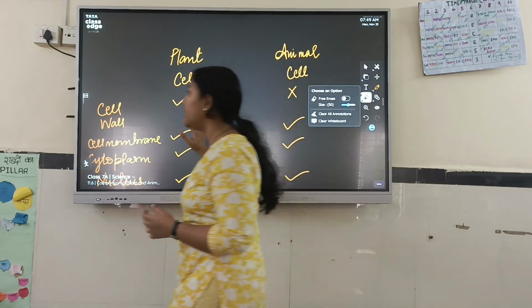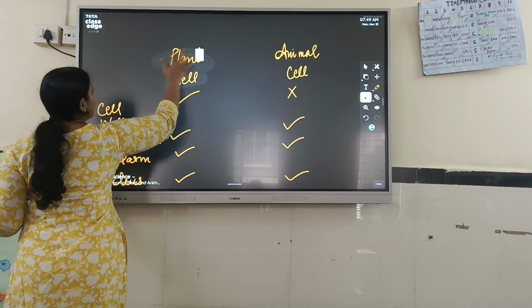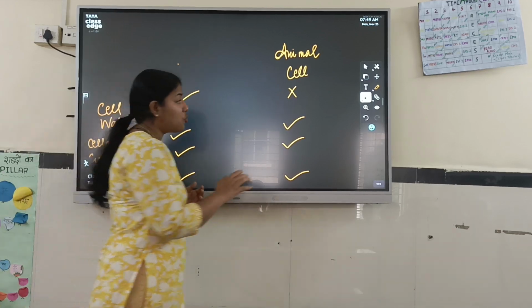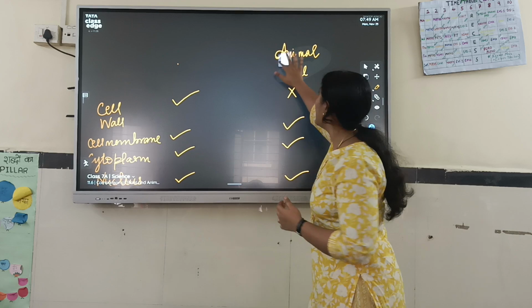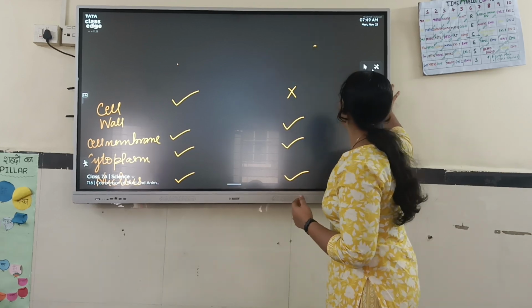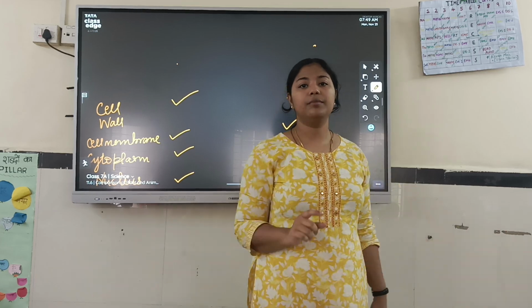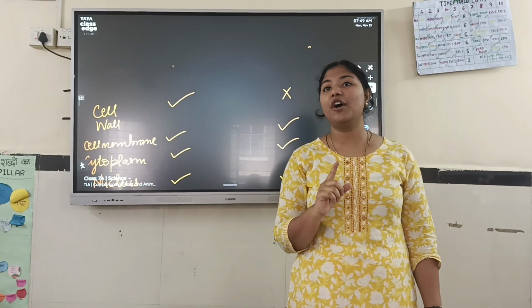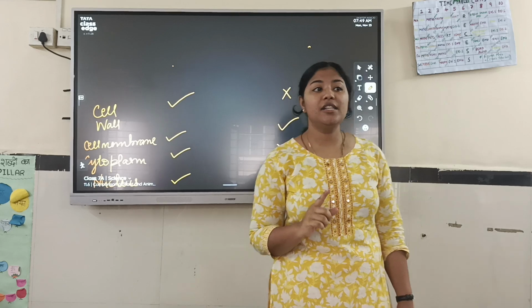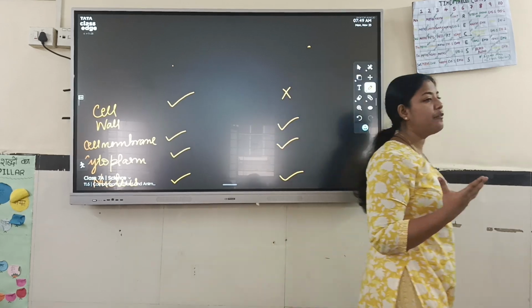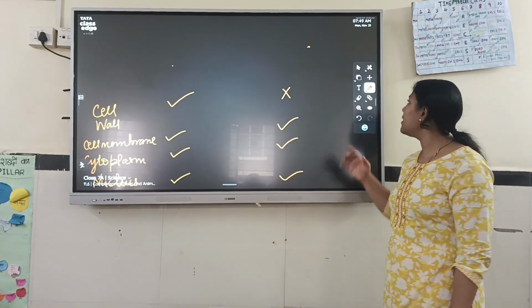Which is the next organelle? Chloroplast. What does chloroplast consist of? Chlorophyll. How is the color of chlorophyll? Green. Why is it required?